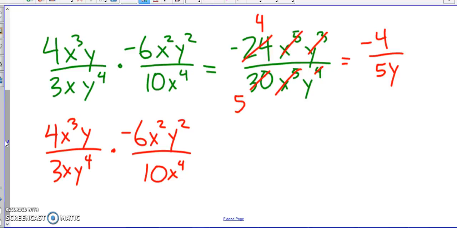So notice this y can take out one of those y's, so that'll be y cubed. This x will take out one of those x's, so that's x squared. Let's see, 3 becomes 1, negative 6 becomes negative 2.